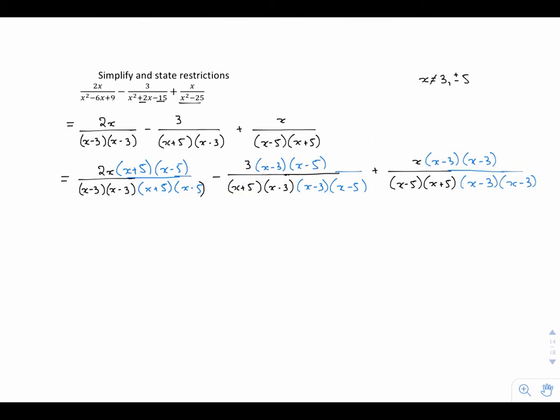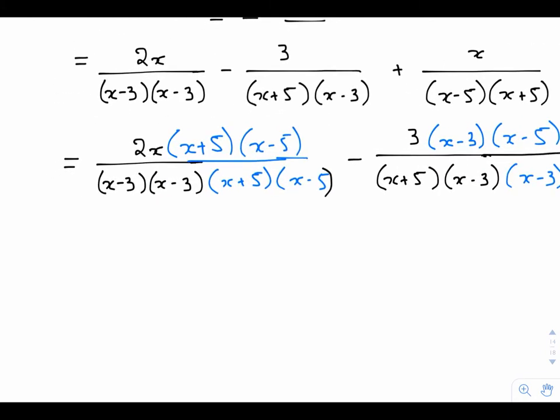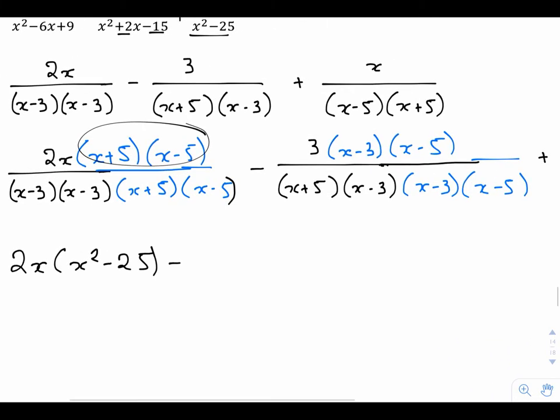And I think at this point we're ready to start simplifying our numerators. So my first numerator, I'm going to multiply the 2 in. Actually, I'm going to combine these together because working backwards, I recognize that's a difference of squares. I get x squared minus 25, close bracket. So the 3 goes here. Actually, I'm going to multiply these denominators together first. I'm going to multiply these binomials together. So I get x squared minus 8x plus 15.